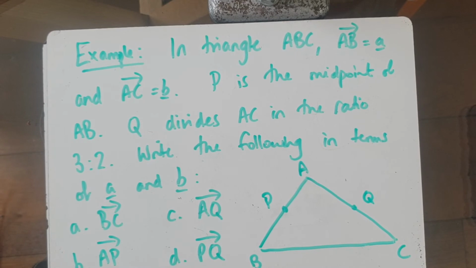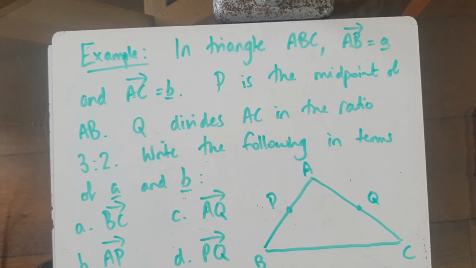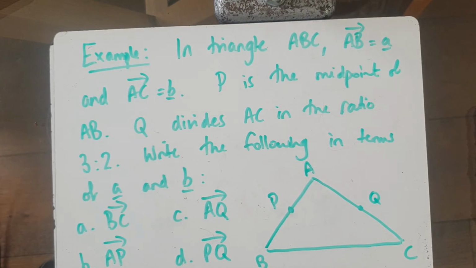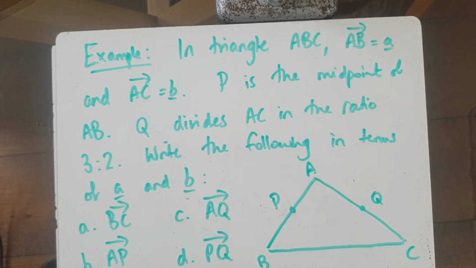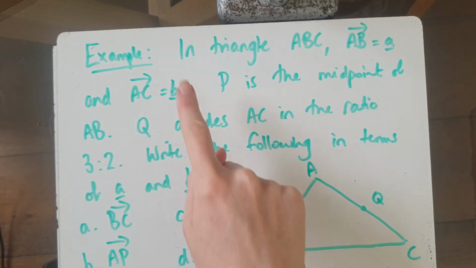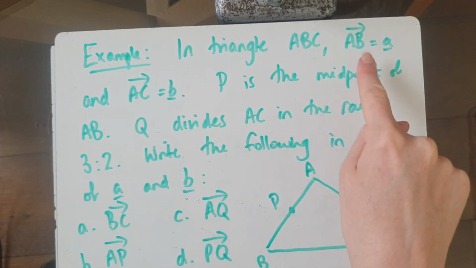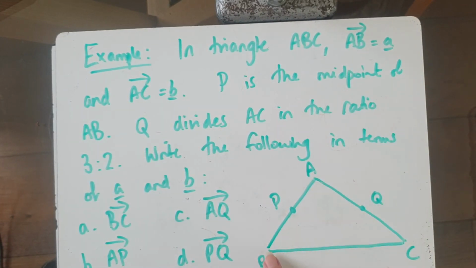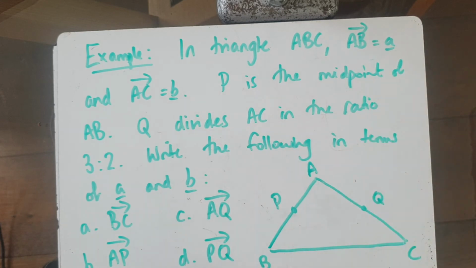Our last example is to do with ratios in vector questions. I want you to copy this down please so you've got it to refer to, because I'm going to need to move this board away and then work on another board. In triangle ABC, AB is equal to a and AC is equal to b. So vectors.